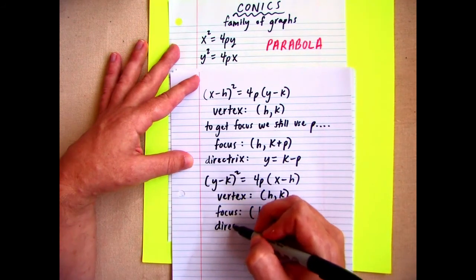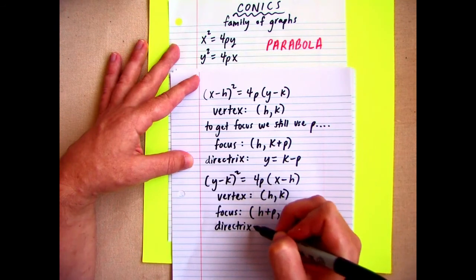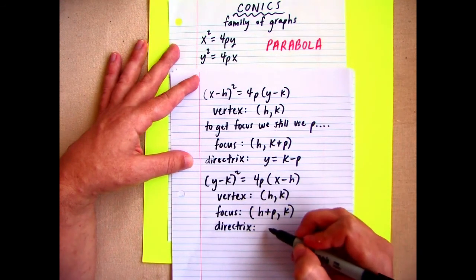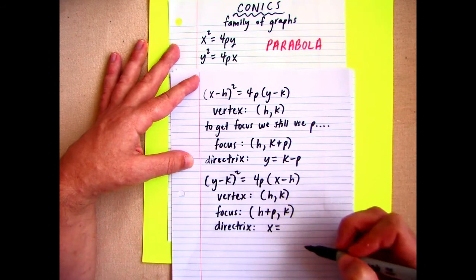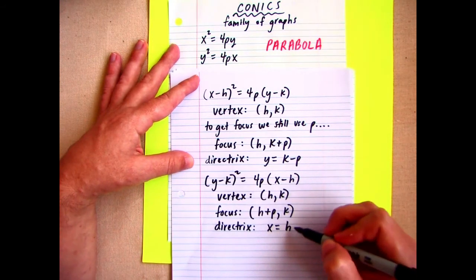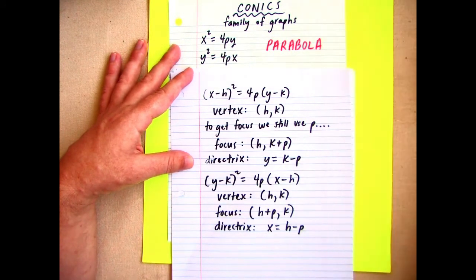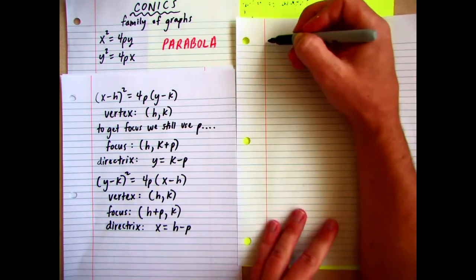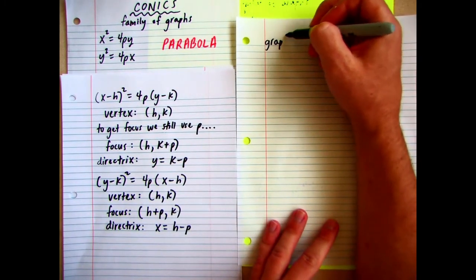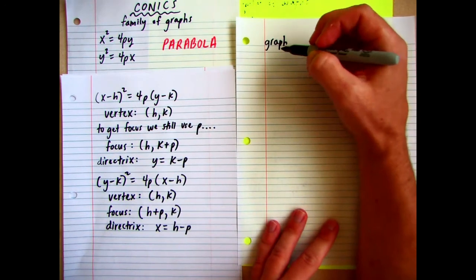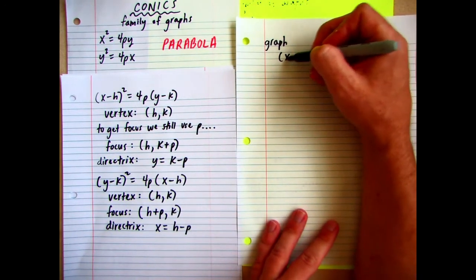So to make that movement, to go from the vertex to the focus, we got to go a p distance added on to h. That's why my focus is h plus p, k. To get that directrix, we got to go a p distance left or right of the vertex. So that's why my directrix was x equals h minus p.